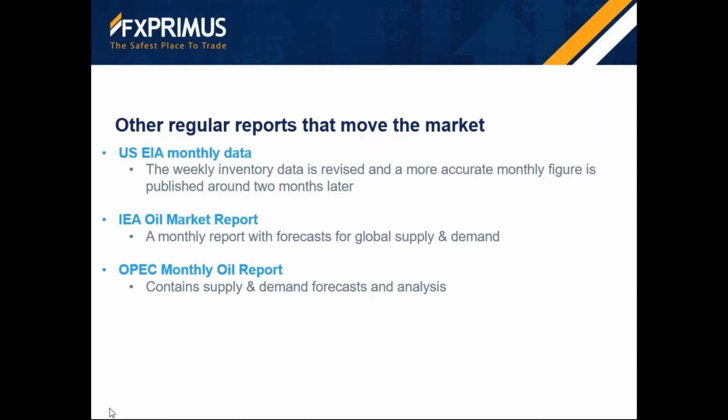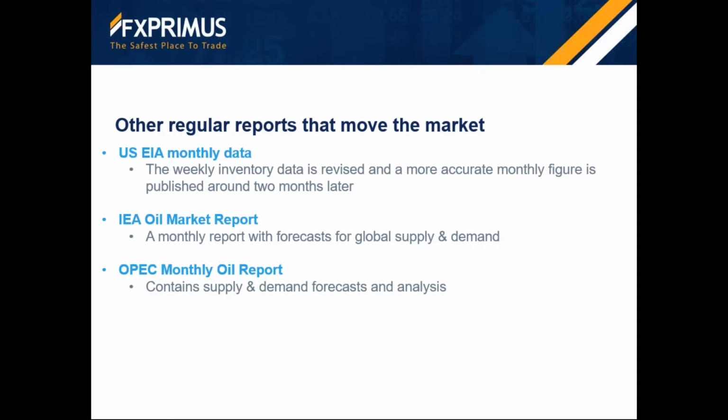Other things that move the market with less regularity, as I said, are the weekly inventory figures from the IEA. They are preliminary figures about 2 months after the fact. They also publish a monthly figure that's more accurate. These aren't as market affecting, but they do contain significant information.